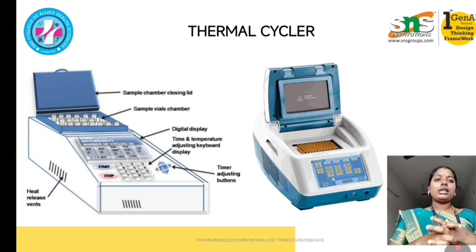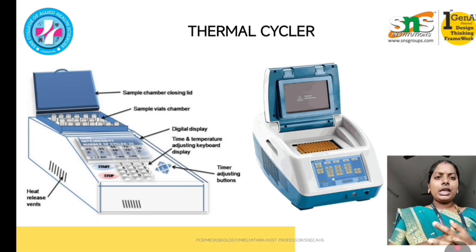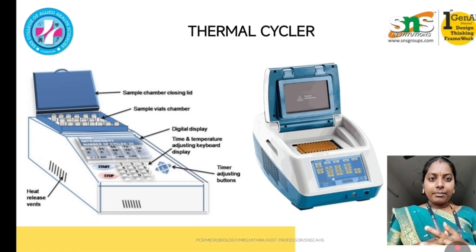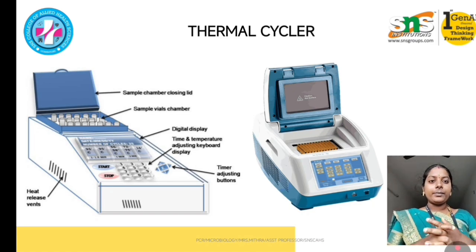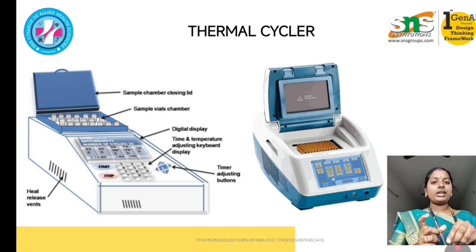This is the thermal cycler machine in which a PCR has to be run. You can see the parts: the sample chamber, closing lid and sample vials chamber. In the sample vials chamber we fix our PCR tube, which is filled with buffer solution, as we will see later.